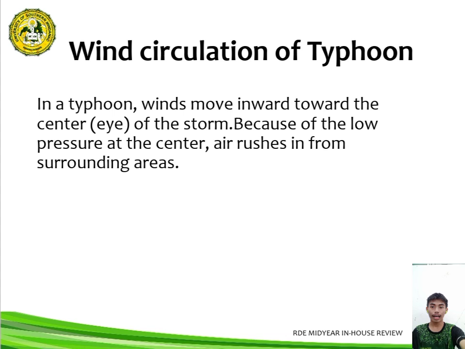As air moves closer to the center, it spirals counterclockwise in the northern hemisphere and clockwise in the southern hemisphere. These winds carry a huge amount of moisture, causing heavy rains and strong gusts. The wind circulation creates a spiraling system of strong winds and rains around the eye.